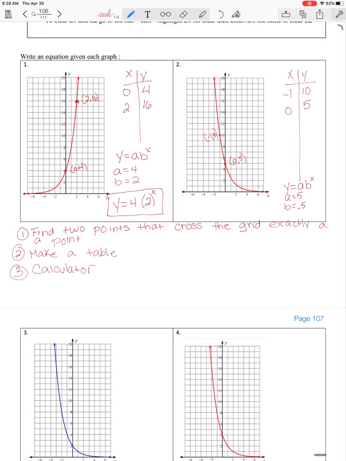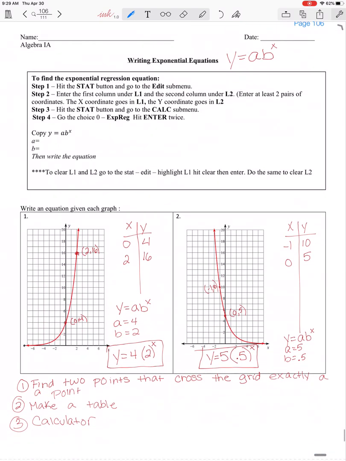So that would mean y equals 5 times 0.5 to the x power. And there it is. There's our answer. Really, it's just a matter of giving the calculator the information it needs to spit out the right answer. So that is how we are going to be writing exponential equations.